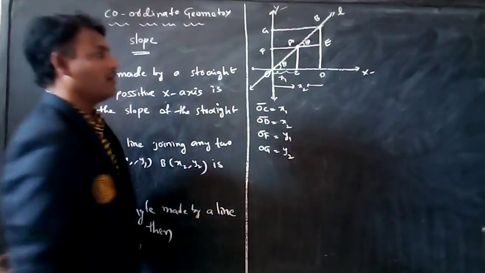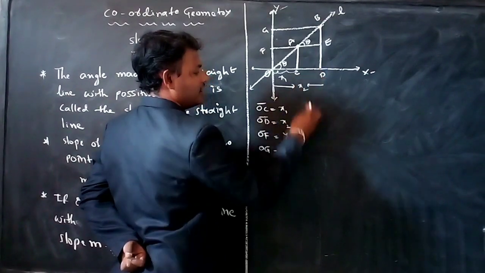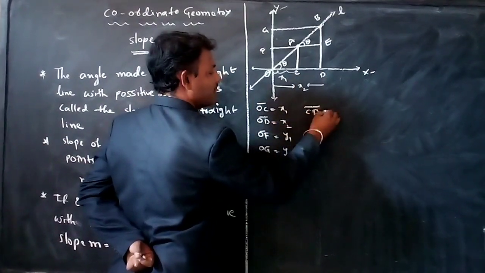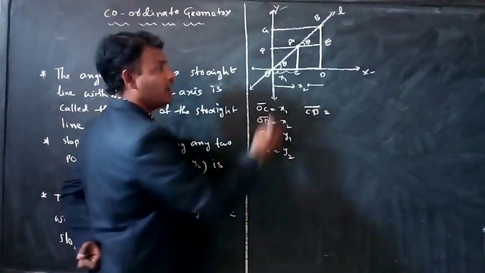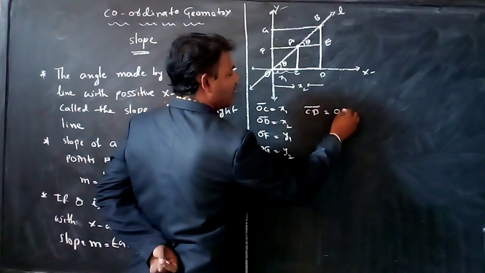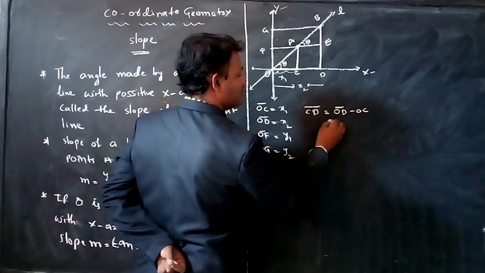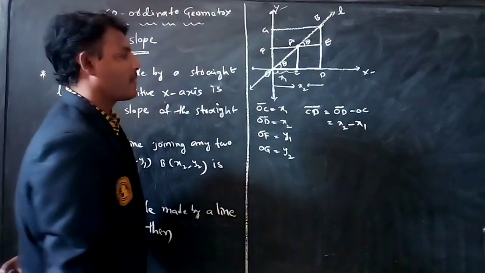Now from the diagram, I need the length of CD. To find CD, from OD you have to subtract OC. So CD is equal to OD minus OC. It is nothing but x2 minus x1.